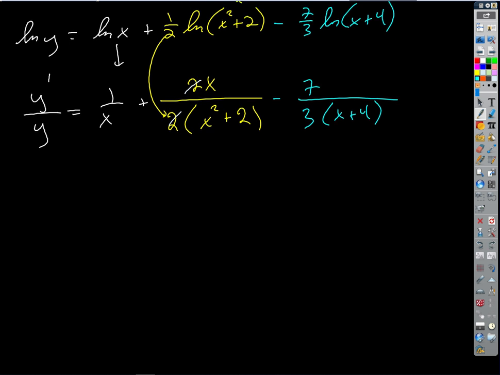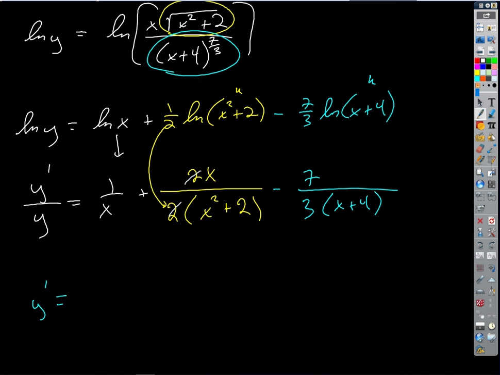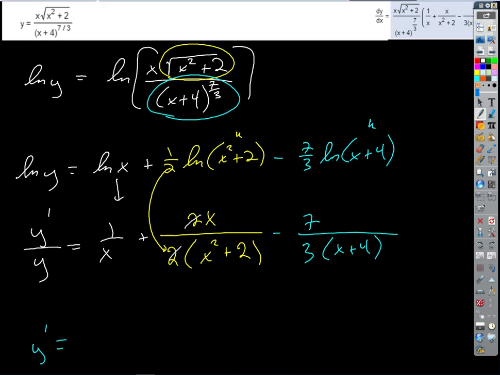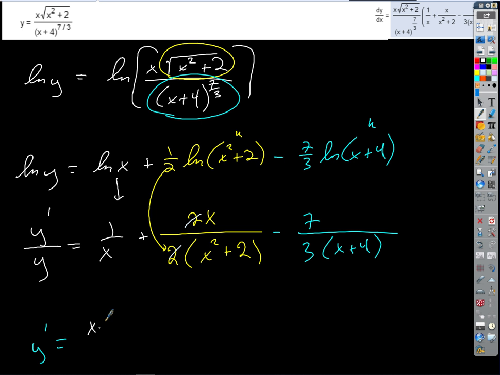Then all I've got to do is multiply both sides by y. So my final answer would be y prime equals, if I multiply each side by y, I'm just going to get y out in front. What is y? Well, there it is, right there: x times square root of x squared plus 2 over x plus 4 to the 7/3.